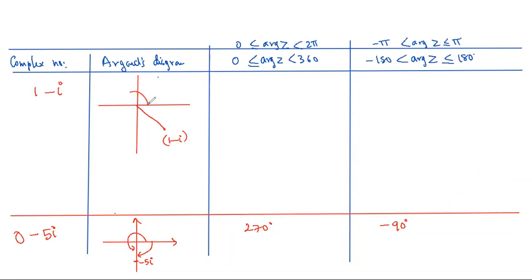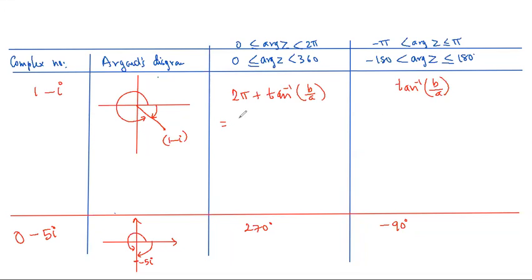So you can measure this way or you can measure this way. If you are measuring this way, our formula is 2 pi plus tan inverse b upon a. And if you are measuring this way, just directly tan inverse b by a.